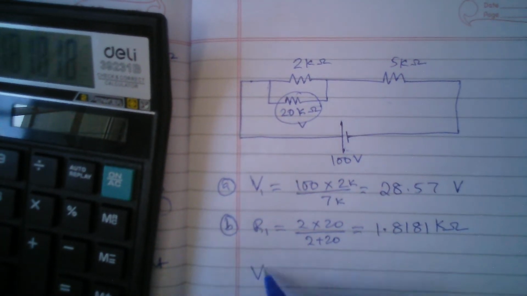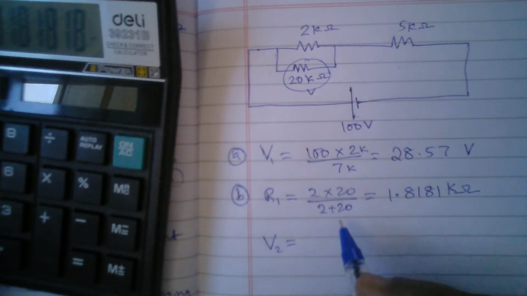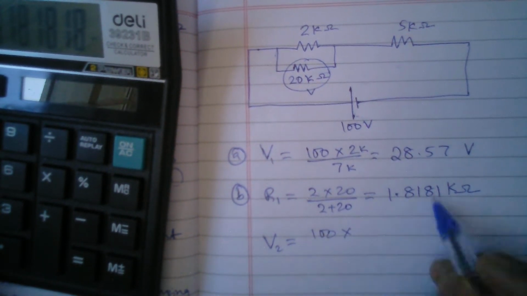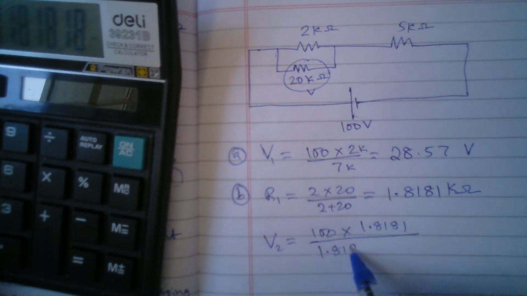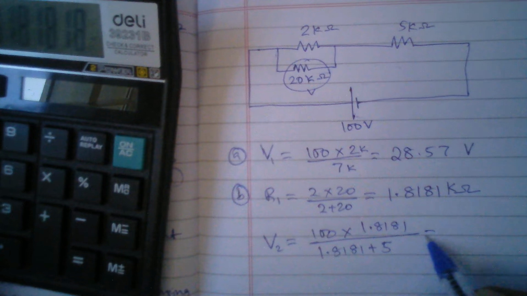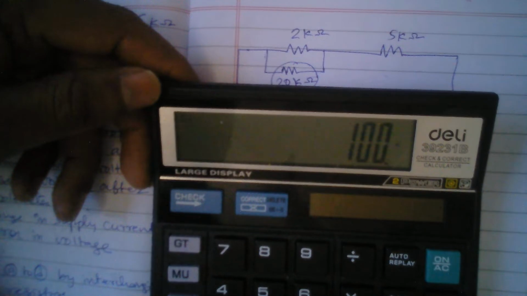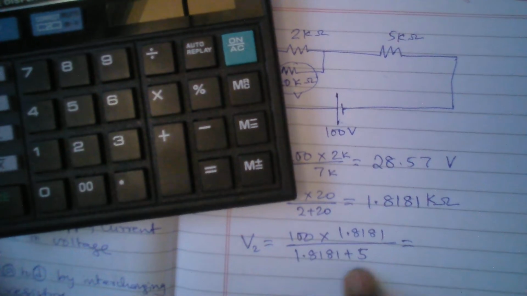Therefore V2, which is whatever the voltmeter will measure, will be 100 multiplied by 1.8181 divided by 1.8181 plus 5. So 100 multiplied by 1.818181 divided by 6.818181.